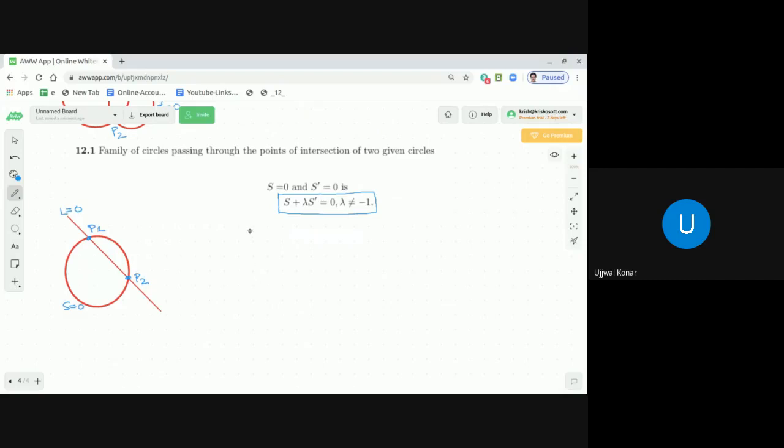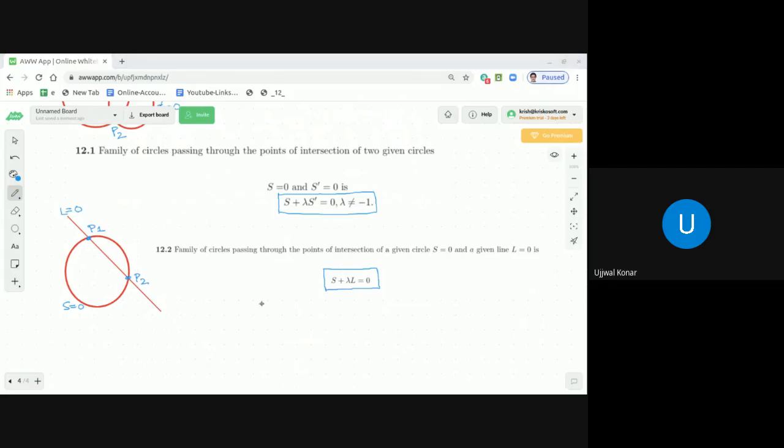So the family of circles passing through the point of intersection of a given circle S equal to 0 and a given line L equal to 0 is S plus lambda L equal to 0. And dear students, here there is no restriction on lambda. Lambda could be any real number. You vary lambda, you will get different circles.